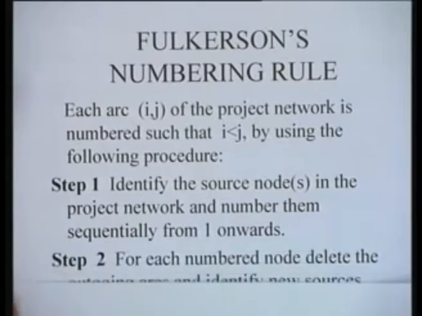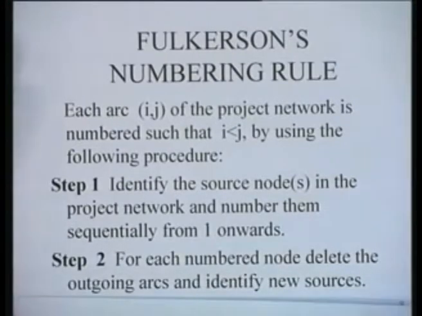Having identified these sources, what you do next is, for each numbered node, you delete the outgoing arcs and identify new sources. From that particular node which has just been numbered, delete the arcs which are going out, and in the process identify new sources which are generated by this particular procedure.